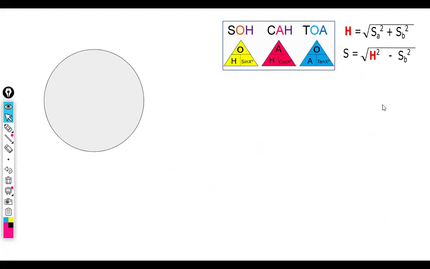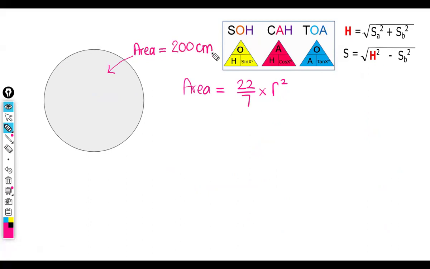So let's try a trick question now. Remember, the area of a circle is 22 over 7 multiplied by the radius squared. So now let's say that the examiner tells you that the area of this circle is 200 centimeters squared, right?